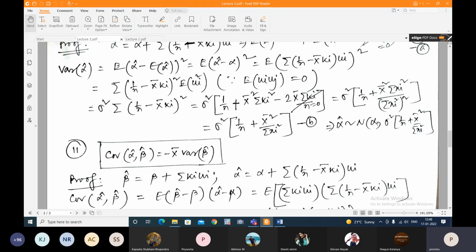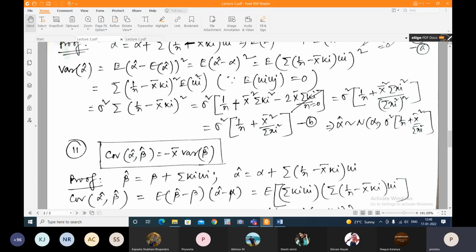Point number two, in case of testing of hypothesis, whatever we conclude based on these estimates, these conclusions also have some errors.